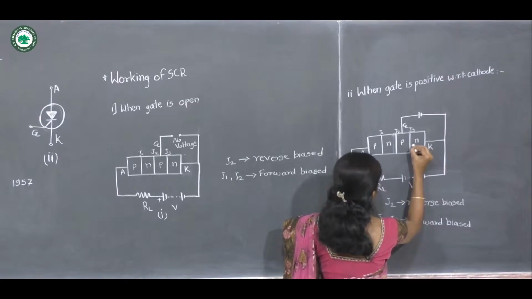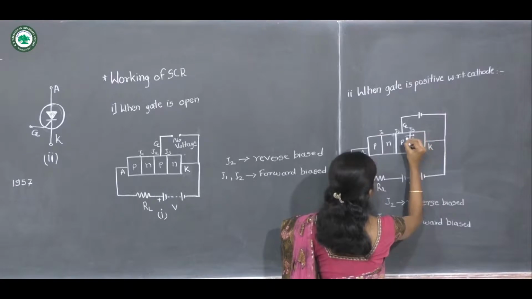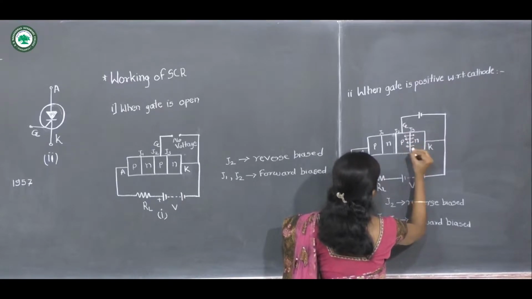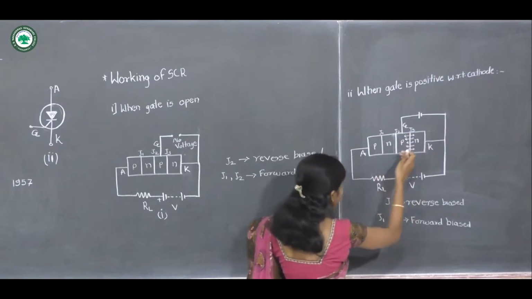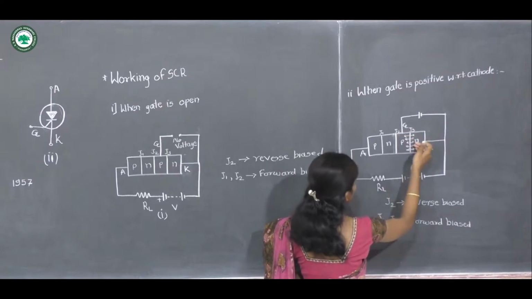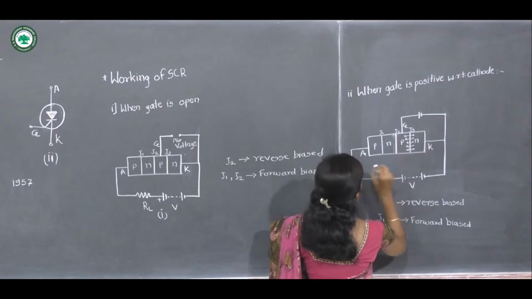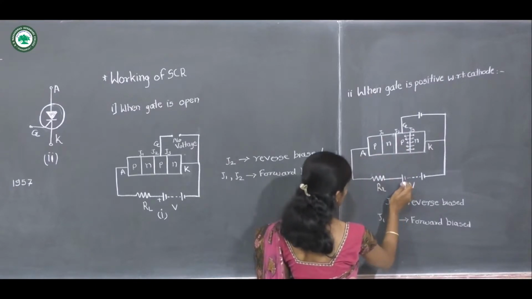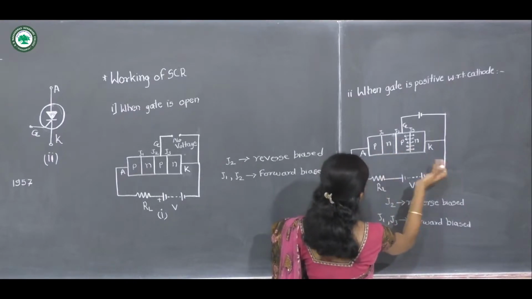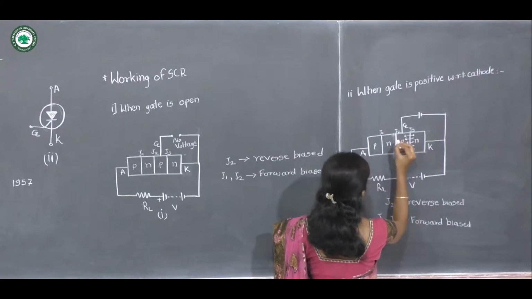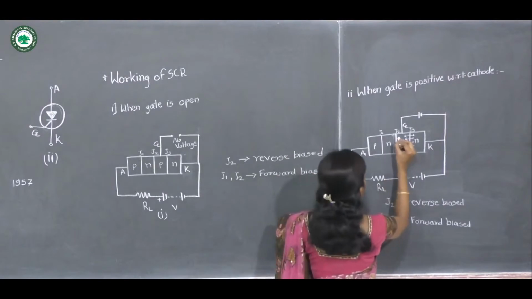So when we consider junction J2, there will be a motion of electrons towards the left side from this N region, and these electrons will approach junction J2, while holes from the P region will move towards the right side.